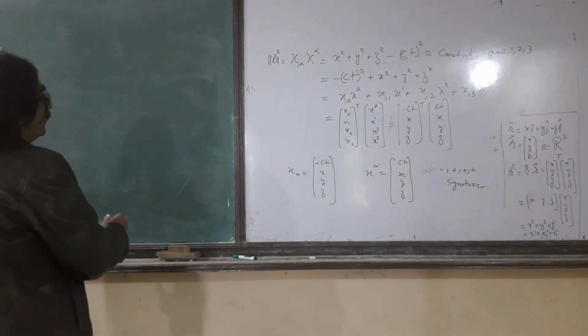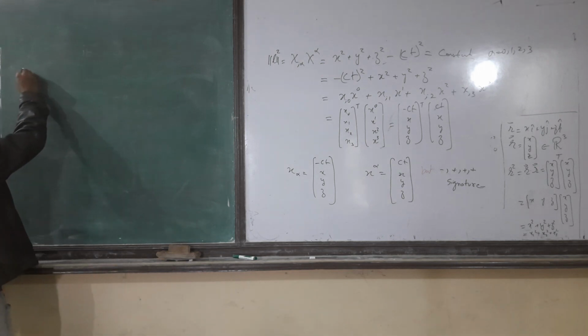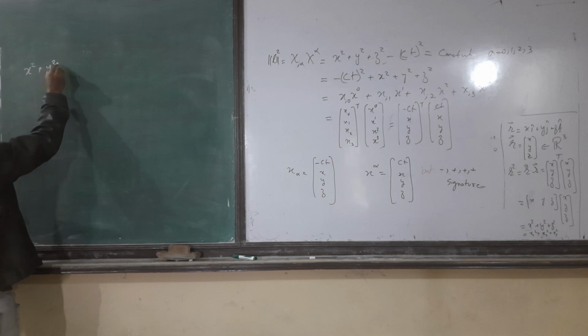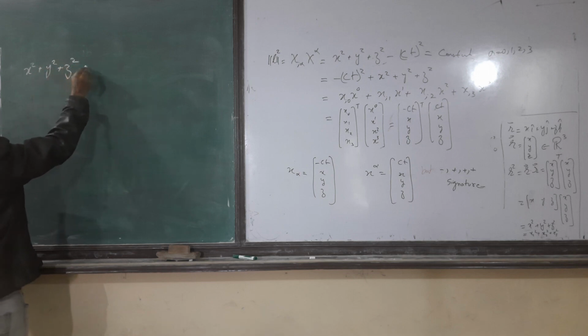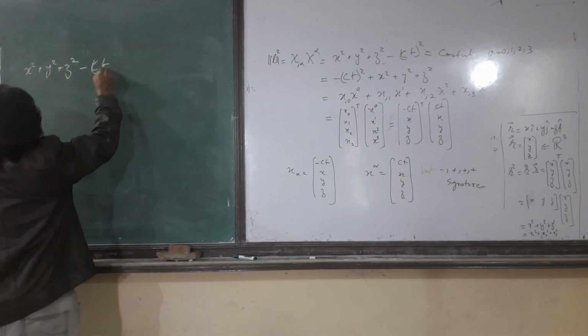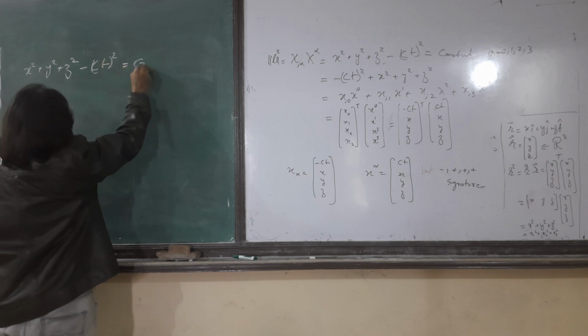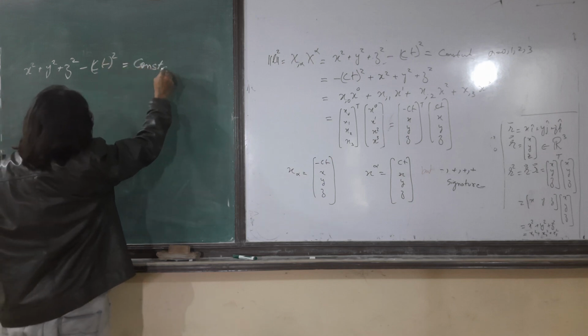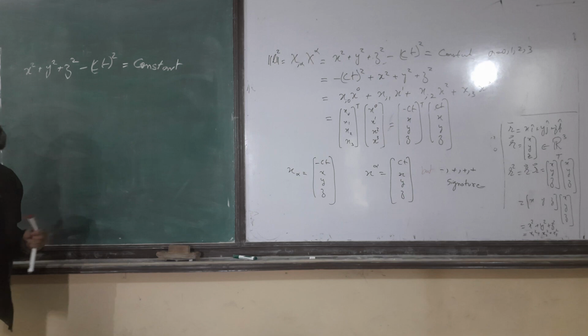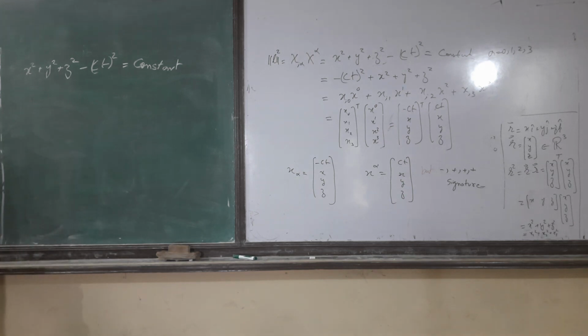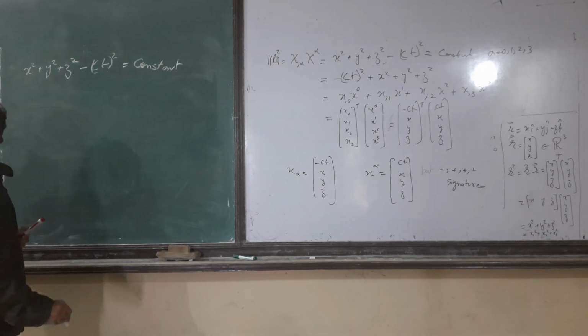And we know mathematically that if x square plus y square plus z square minus ct square is constant, it is invariant. What is the meaning?